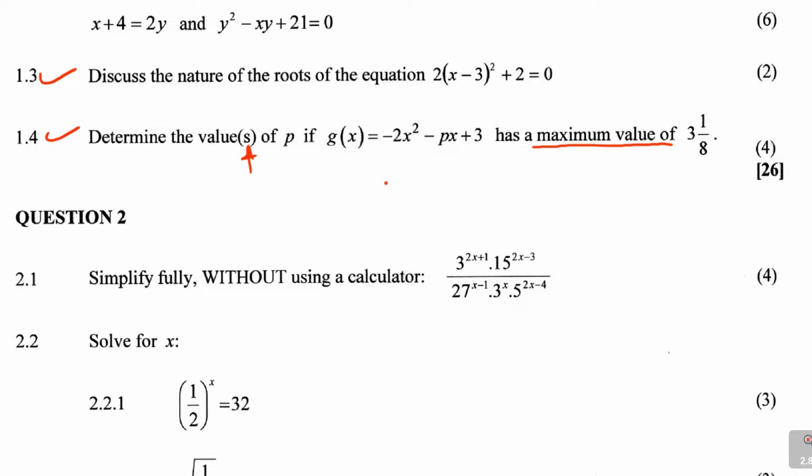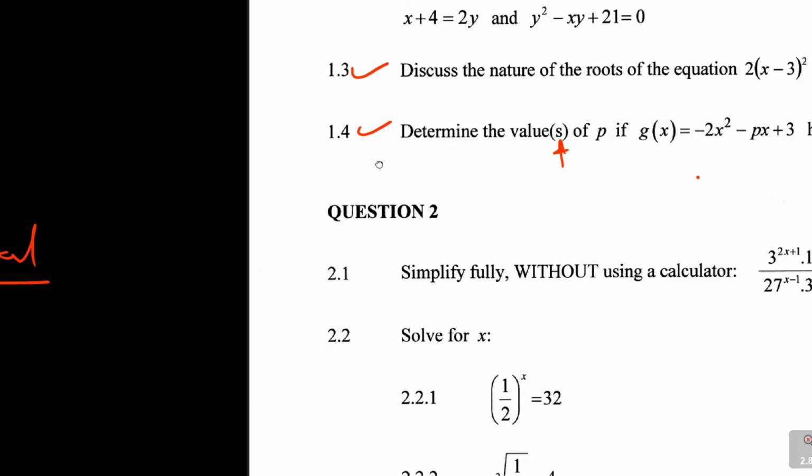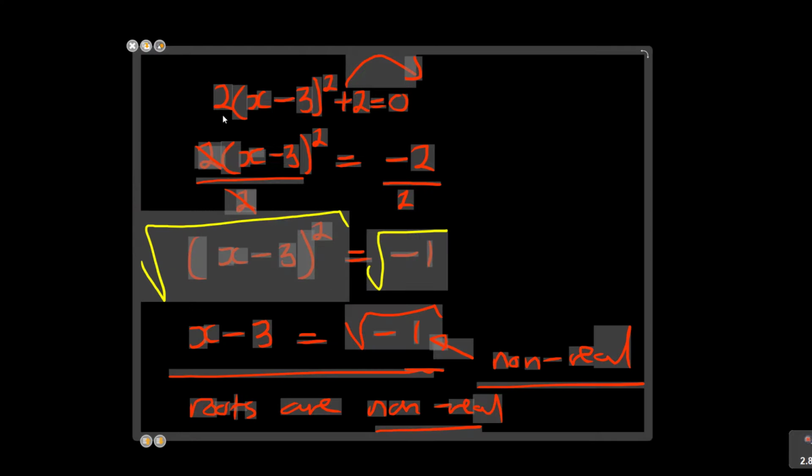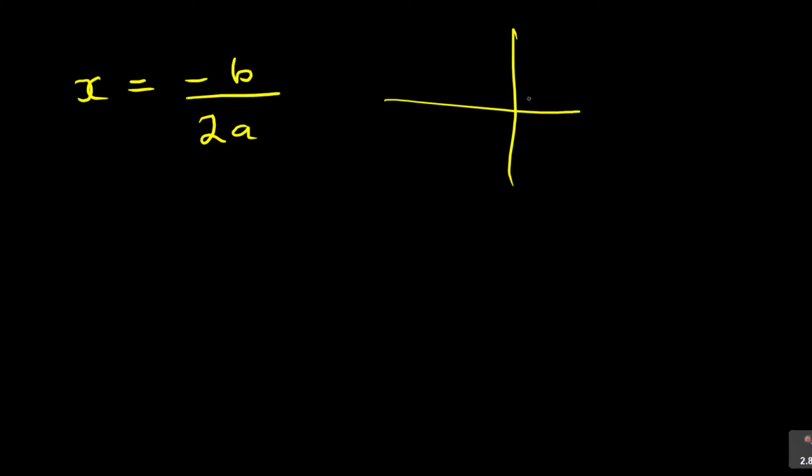This question is actually maximum, minimum. Whenever they talk about max and min in a question, and there's the square, always remember this: at minimum or maximum, x is equal to -b/2a. This is the line of symmetry.